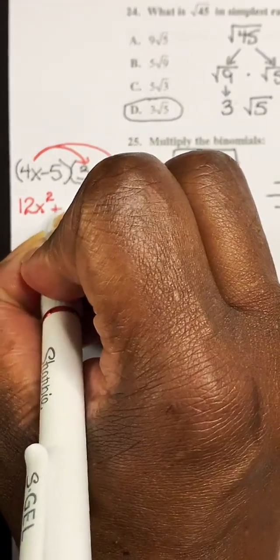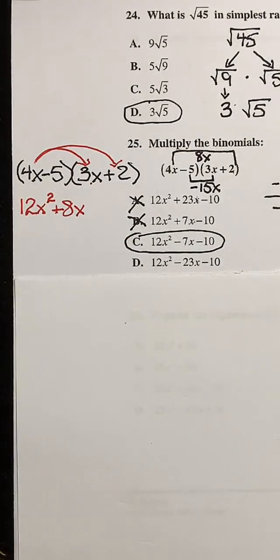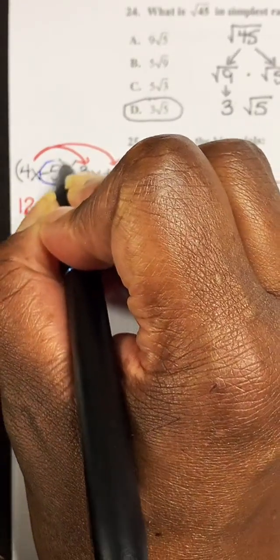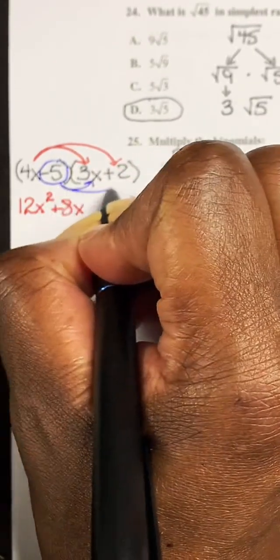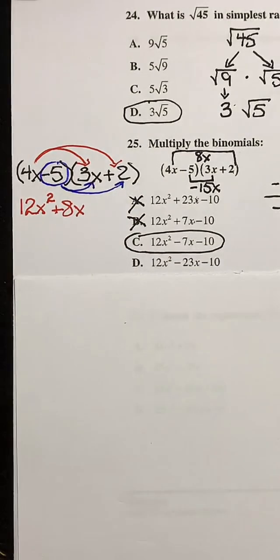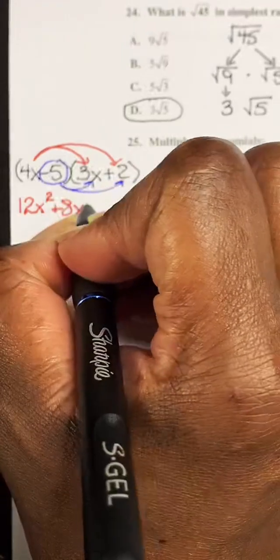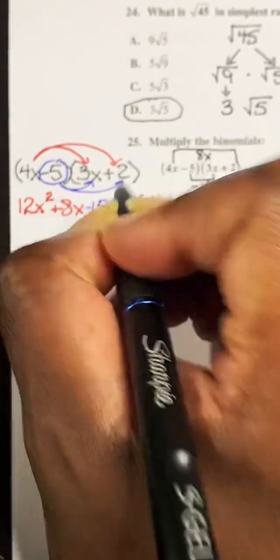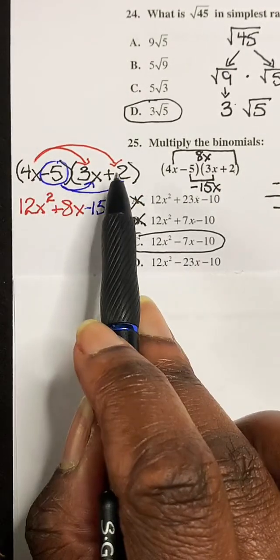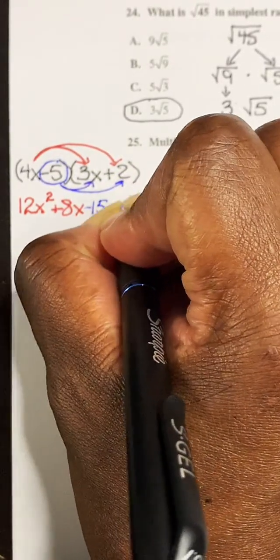That gives me a positive 8x. So now we're going to distribute this negative 5 to everything in that second parenthesis. So negative 5 times positive 3x, that gives me a negative 15x. Oh, that seems familiar. And then a negative 5 times a positive 2, that gives me a negative 10.